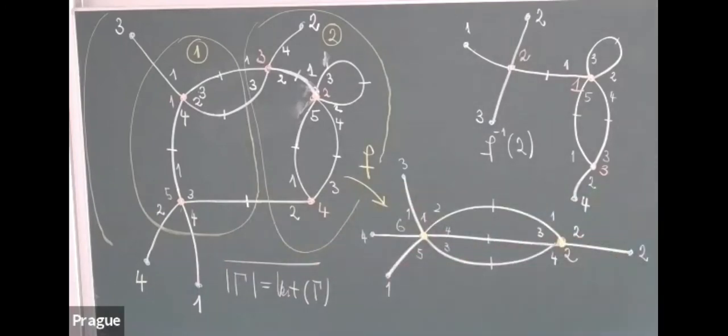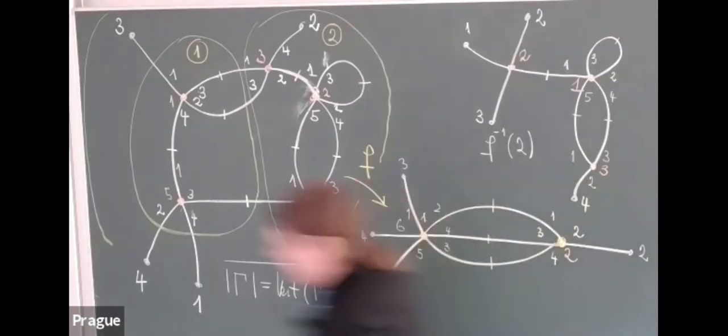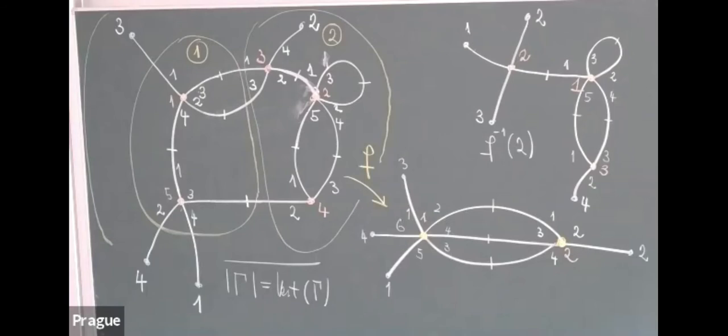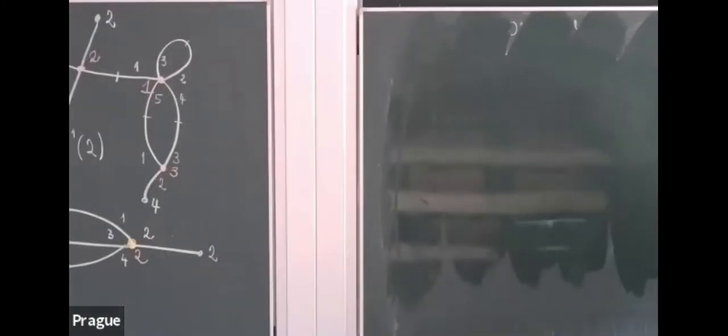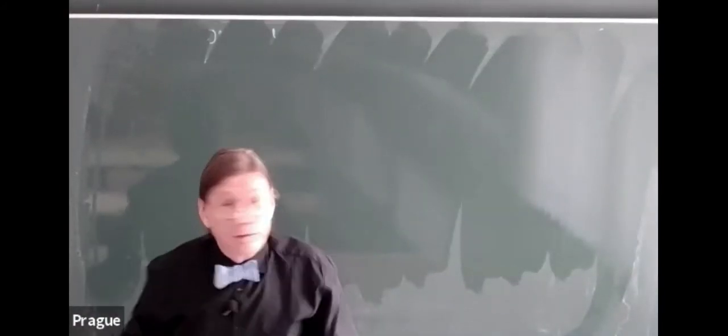So what about the local terminal objects? Local terminal objects are corollas.